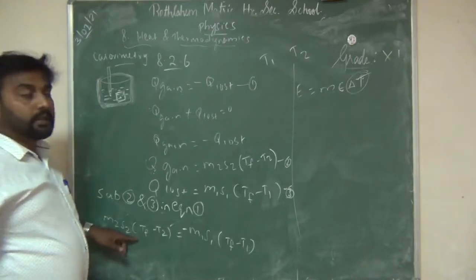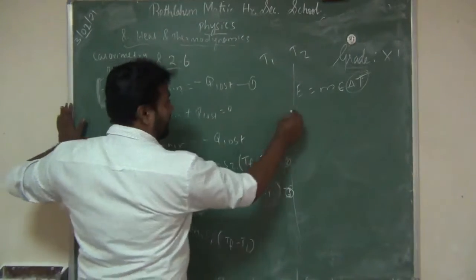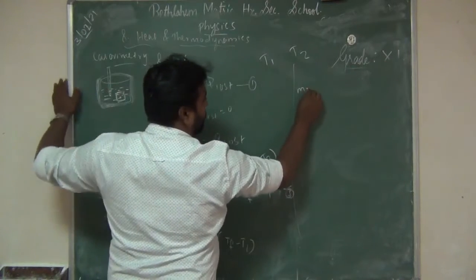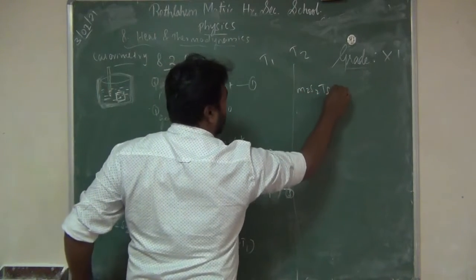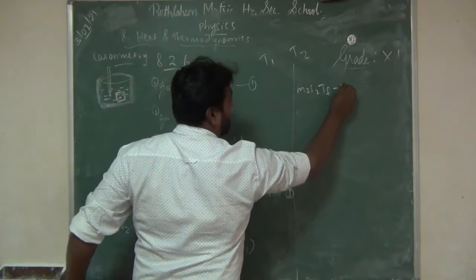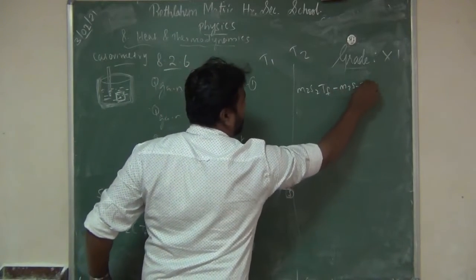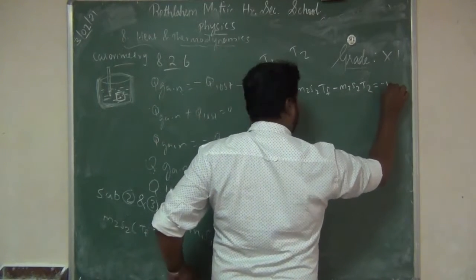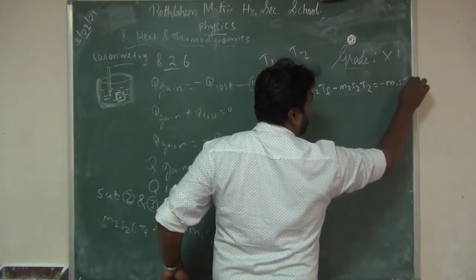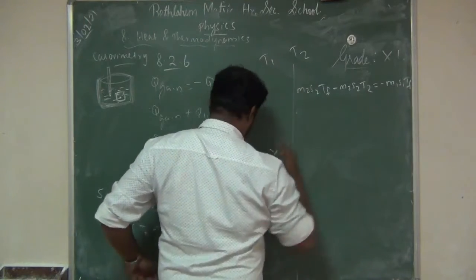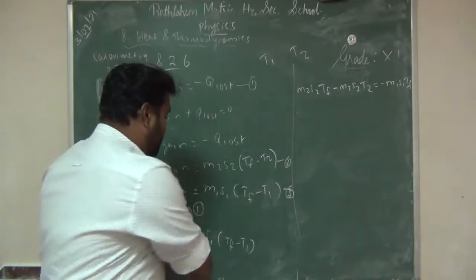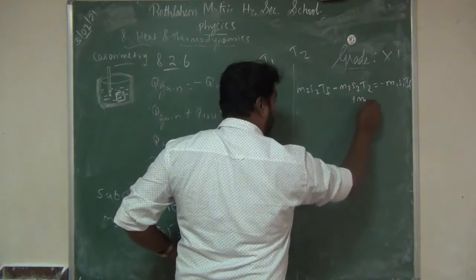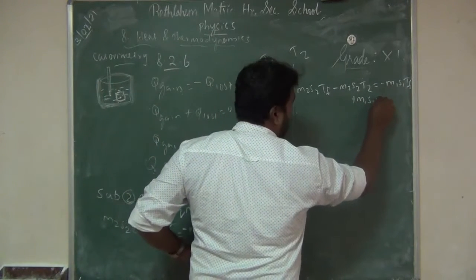Now multiply this with TF, so that M2 S2 TF minus M2 S2 T2 is equal to minus M1 S1 TF, and minus into minus is plus, so plus M1 S1 T1.